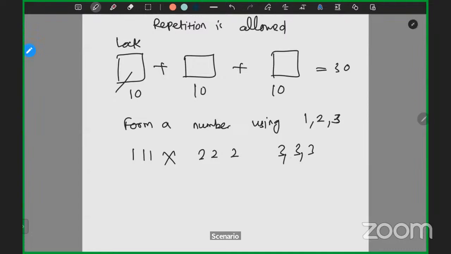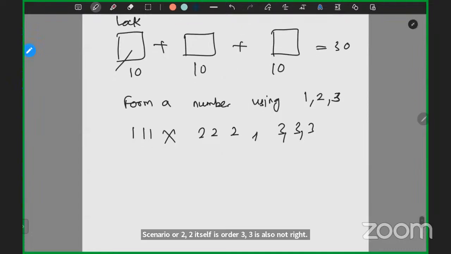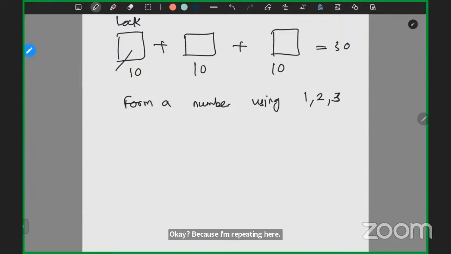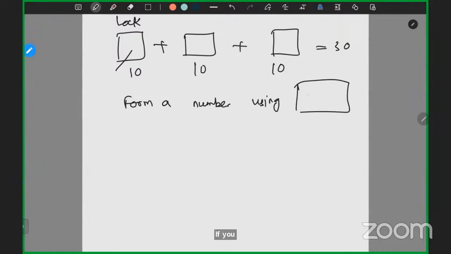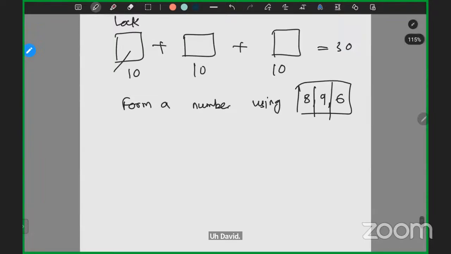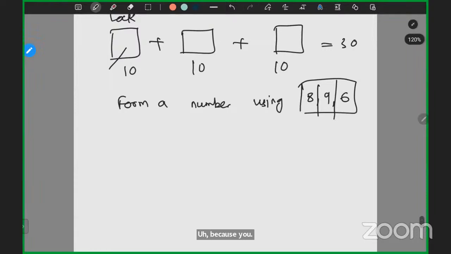Even 1, 1, 2 is not possible because I'm repeating here. So all the numbers should be different, right? Let me choose a different set of numbers, 8, 9, and 6, just one digit each.